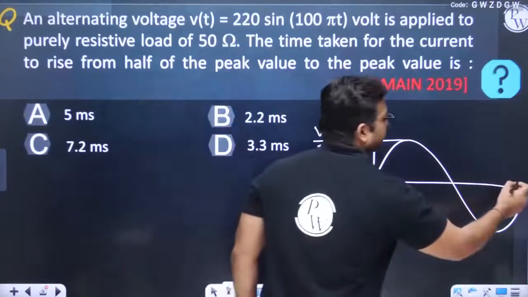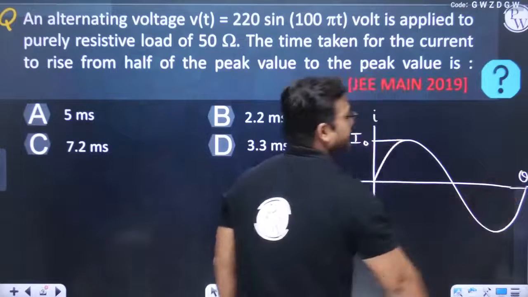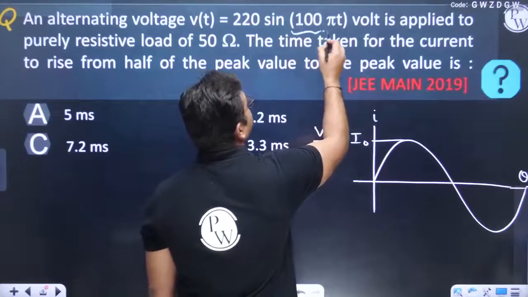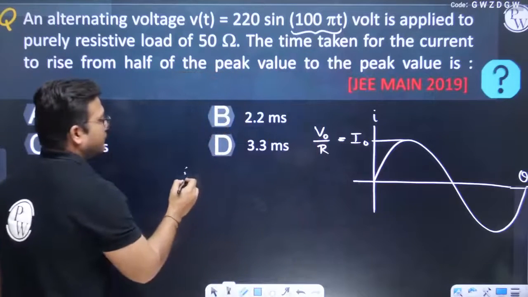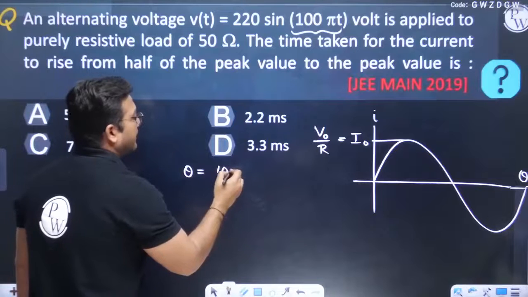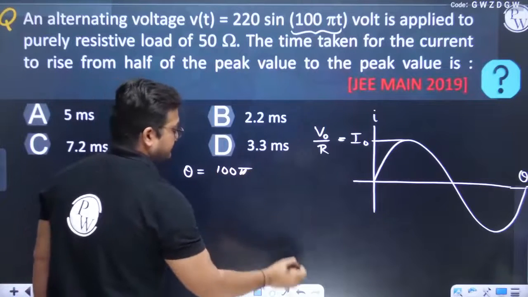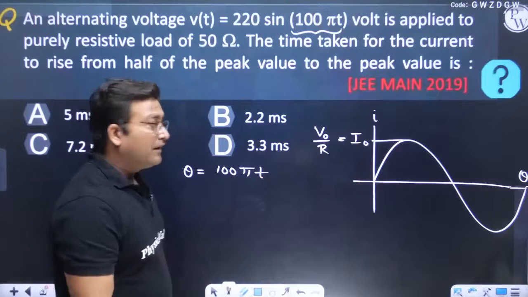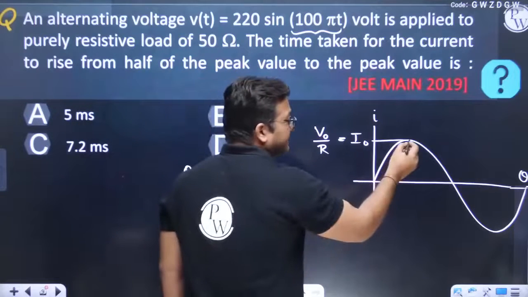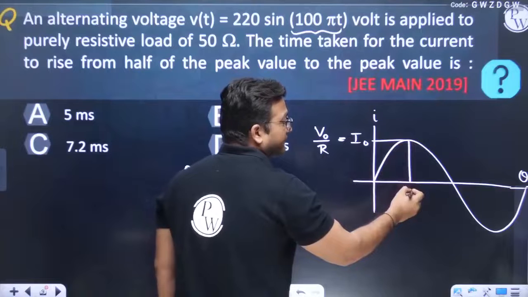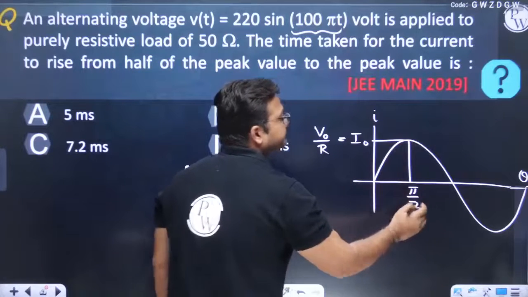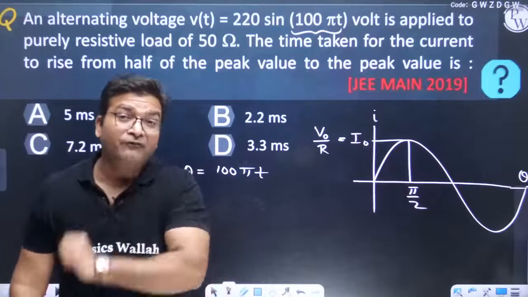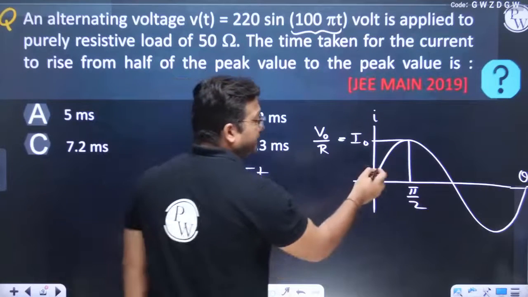On this axis we have theta, and theta is actually 100 pi t. Remember, the maximum value of sine theta is at pi by 2, and its value would be half of the peak value at pi by 6.